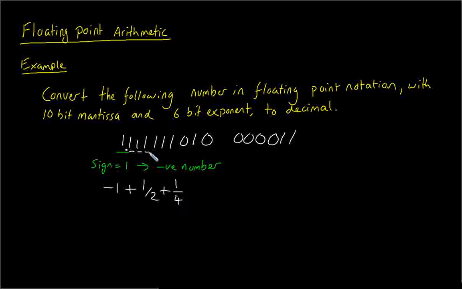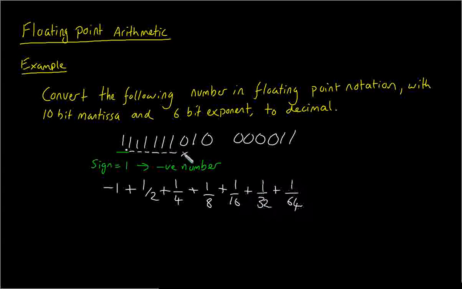The third one along is a 1 again, so double a quarter, what do we get? We get an eighth. Let's go to the next one. That's got a 1 in it, so double an eighth becomes a 16th. Next one's got a 1, so we double a 16th, and that's 1 over 32. Next one's got a 1 there, so double that, 1 over 64.